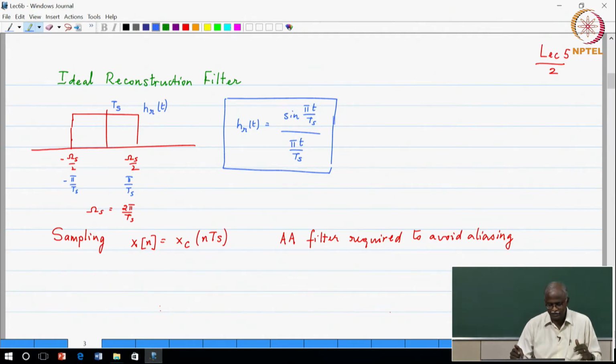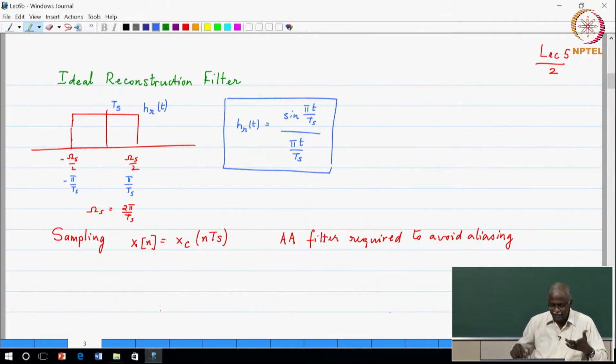The anti-aliasing filter, if I am going to sample at omega s, what are its requirements? It is also a brick wall filter going from minus omega s by 2 to omega s by 2. The only difference is it does not have a scale factor of Ts, but in terms of the spectral properties, they are exactly the same.